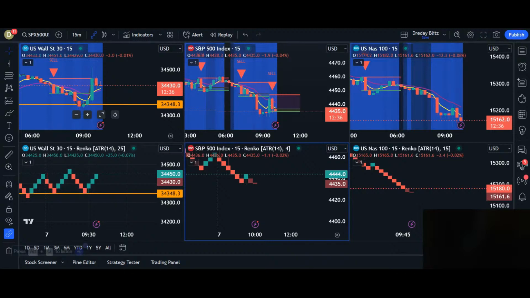But the main focus is really to keep your account active and in good standing, and to live another day, because we don't want to overtrade or overleverage your account here. As long as you follow those rules and you take profits here and there, you're going to grow your account for sure.